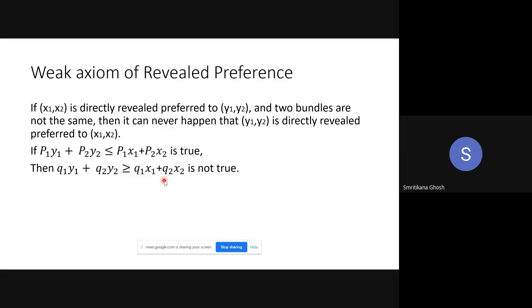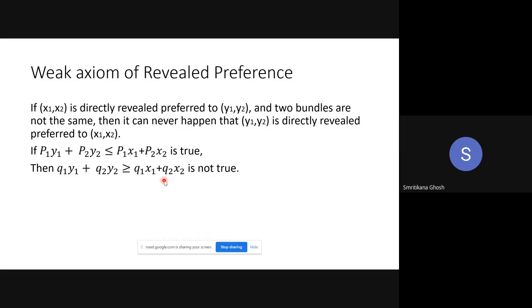If it is clear, then I'm going to the problem solving part. Sometimes the problems in your exam come from revealed preference. Generally, some mathematical problems come from revealed preference.